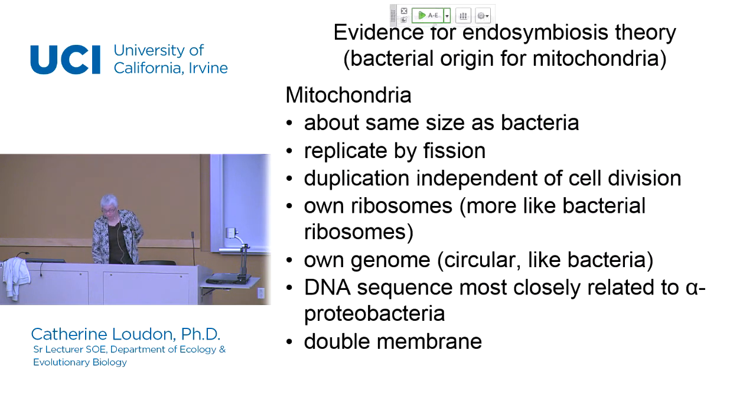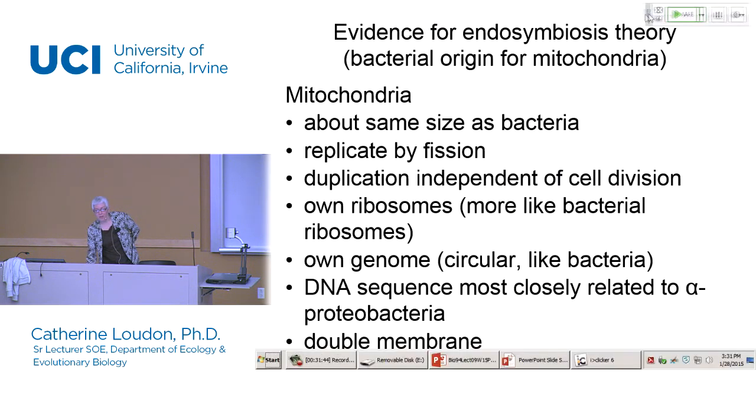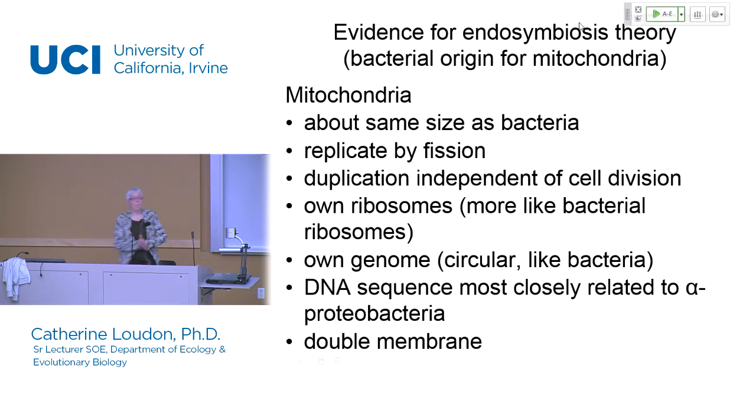Excellent. Of course, that's not the only source. Here's a whole long list that I made for your convenience. If we look at mitochondria, they're about the same size as bacteria. They also replicate by fission, just as bacteria do, and this duplication is independent of the cell division of the host.